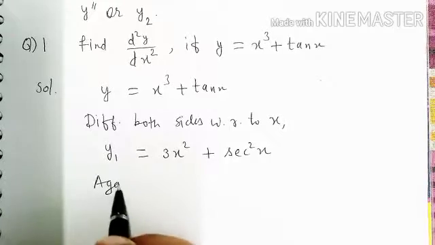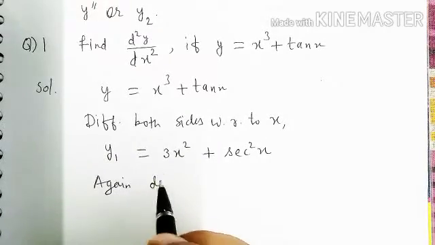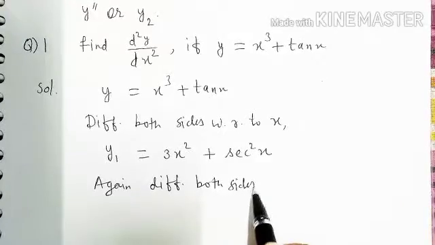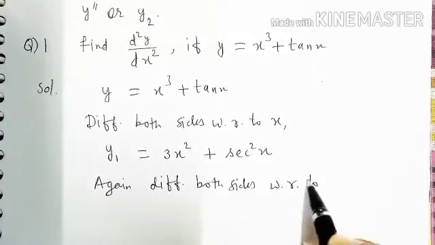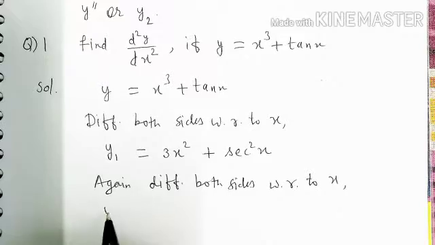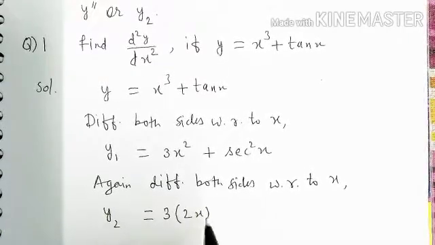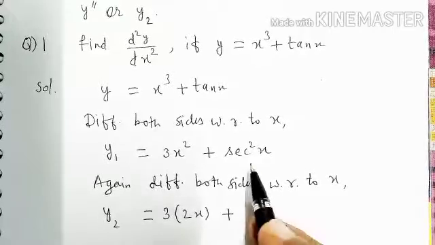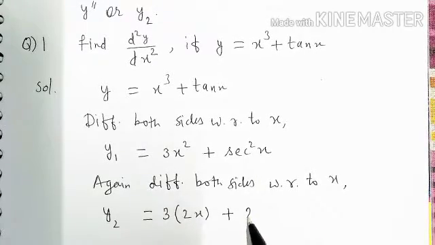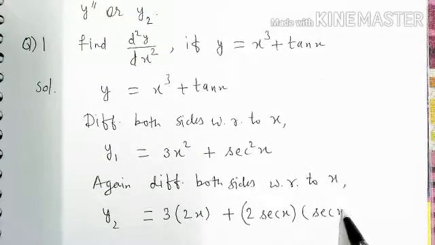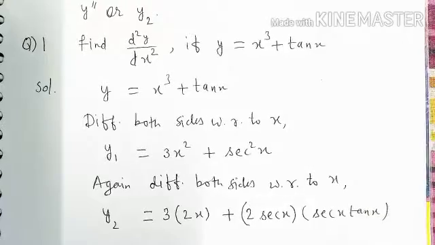Again differentiating both sides with respect to x, we have y2 is equal to 3 into the derivative of x square, which is 2x. Now the derivative of sec square 10x, here we apply chain rule. So 2 sec 10x, the derivative of sec square is 2 sec, and the derivative of sec is sec tan, into 10.